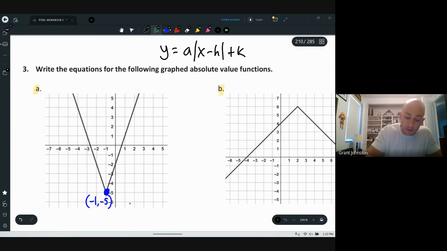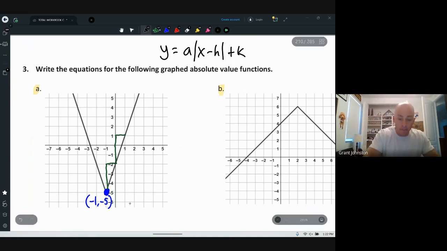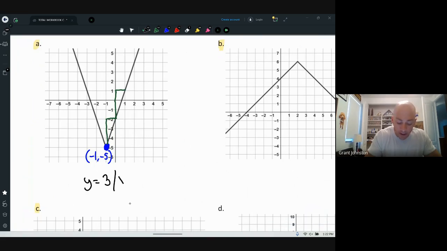It looks like it's going up 3/1, and it's positive, I mean, it's opening up. So to write the equation, I would say y equals 3, absolute value, opposite of the -1, so it would be +1. Oh, whoops. And then subtract 5.